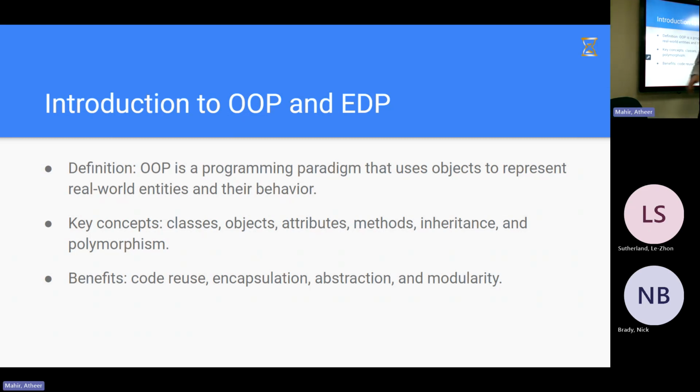Event-driven programming is a special case of object-oriented programming, which goes deeper in organization, or in how to interact with the users. So any window with clicks, with buttons, with mouse clicks, we call it object-oriented programming.